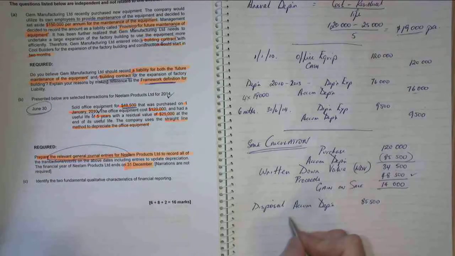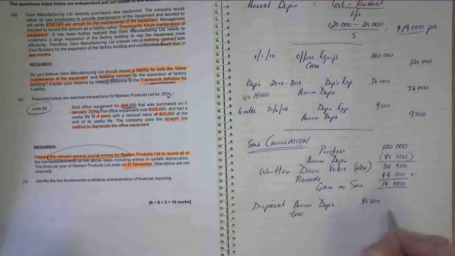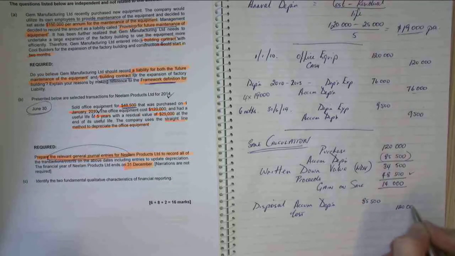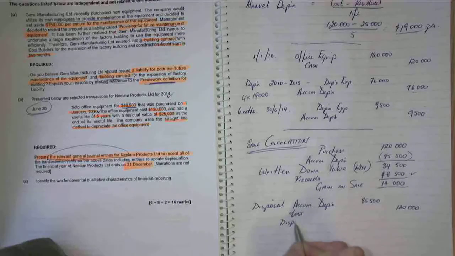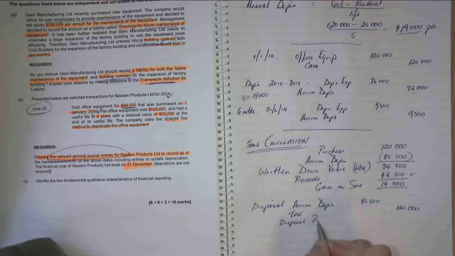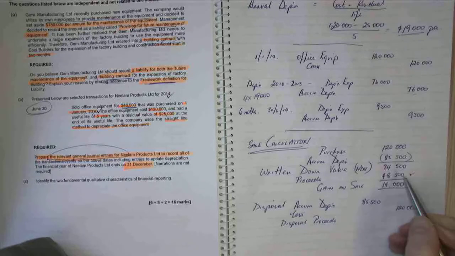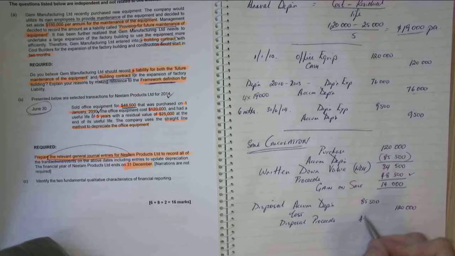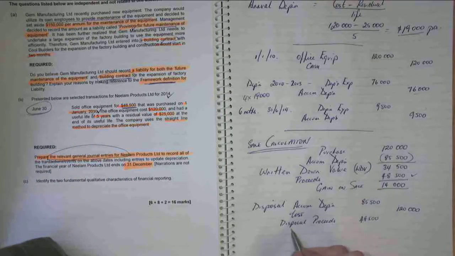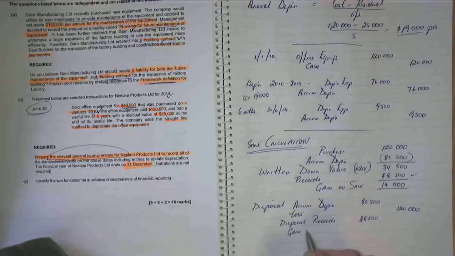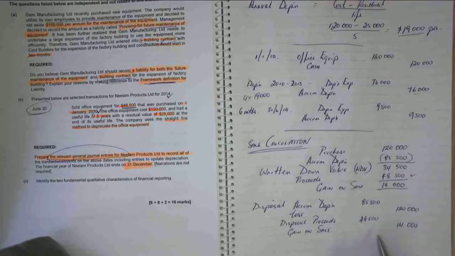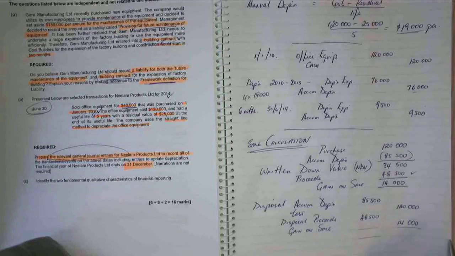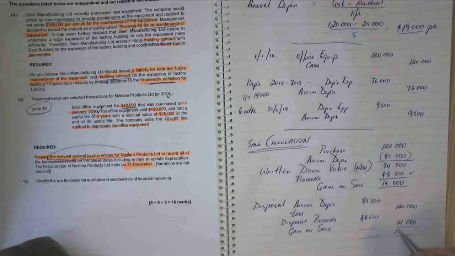My cost, it's 120,000, I'm going to credit that. Disposal proceeds, $48,500. Gain on sale, $14,000. Now, just so you know, if I was balancing my journal, this comes to 134,000.